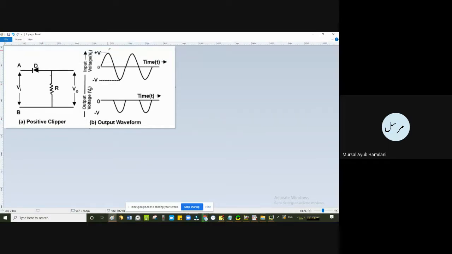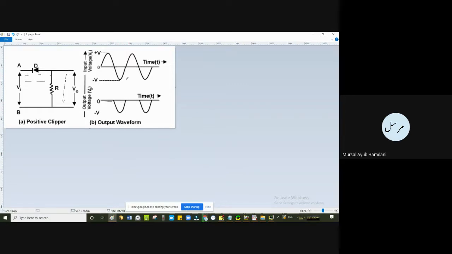For the positive half cycles, we'll have positive and negative. So it is now reverse biased. Reverse biased means open circuit. Open circuit means that input does not come to the output and the output goes down to 0. So here for this we'll have output as 0.